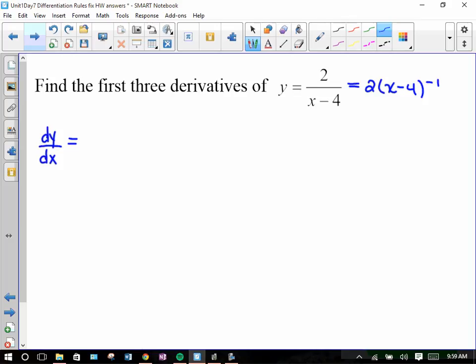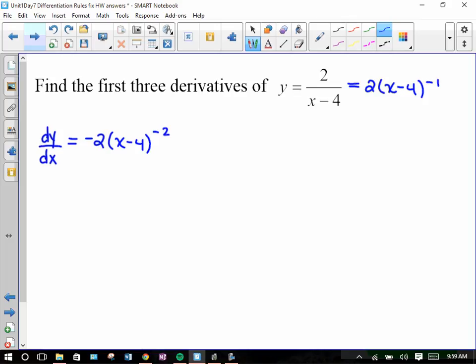You bring the negative 1 to the front and multiply by 2. Negative 1 times 2 is negative 2. And then you still have x minus 4, and you subtract 1 from the exponent. There's our first derivative. We're done.